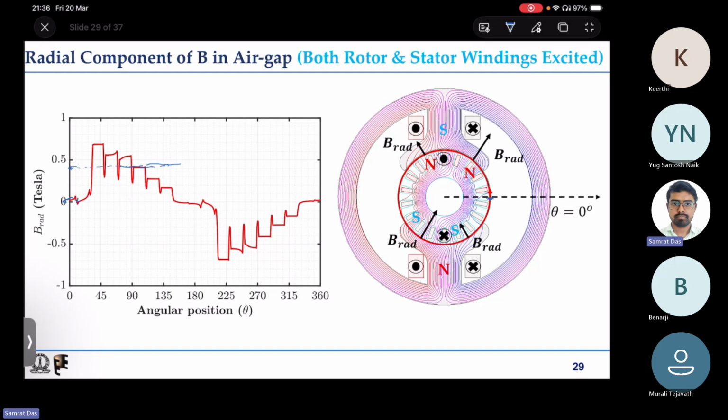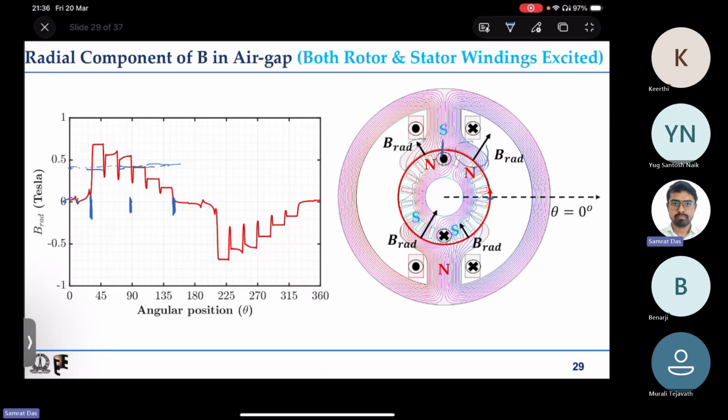Now you can see that this is the stator pole, one edge of the stator pole and another edge of the stator pole, and this is the middle, 90 degrees, the middle of the stator pole. You can see that on one side the flux density gets stronger, that is on the right hand side. In this case, for lower theta, it gets stronger, that is why the radial flux density goes up higher.